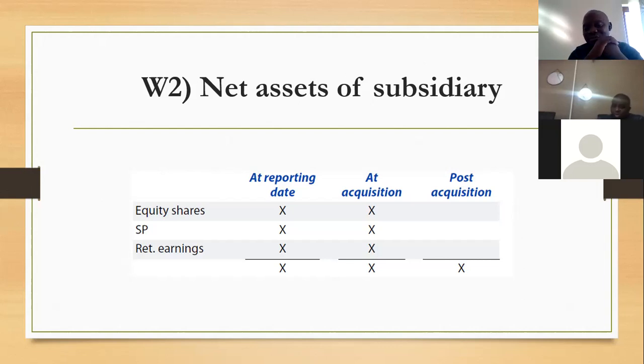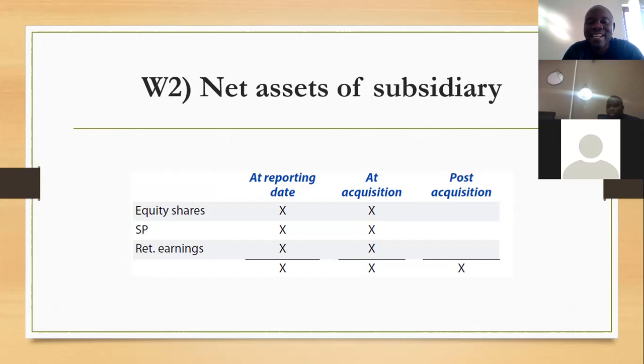So you have at reporting date, and at acquisition. This is the period at which you were actually striking a deal. When did you finally acquire the shares in the subsidiary? That is what at acquisition represents.